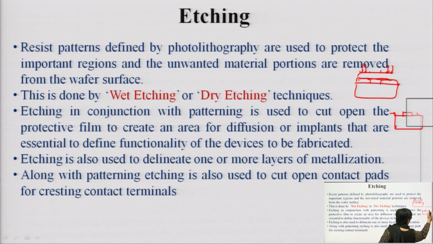Now, I have already carried out the specific task for which I had demarcated or selected this area. After this, my PR, or photoresist layer, is still existing. Suppose I have deposited some silicon dioxide over here. Now, I want to open up this area for further processing, to carry out further trenches or some other process.